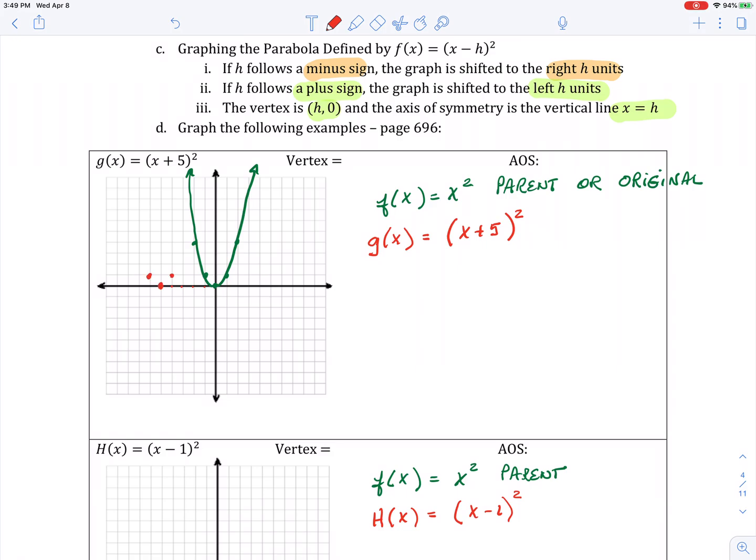And then you notice how I'm just balancing out just like I would for the parent parabola. Here's the axis of symmetry now, and here's the vertex. So let's get all that information. The vertex is at negative 5, 0, and the axis of symmetry is x equals negative 5.